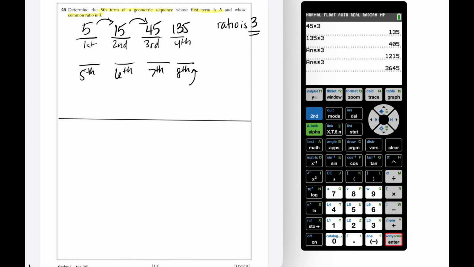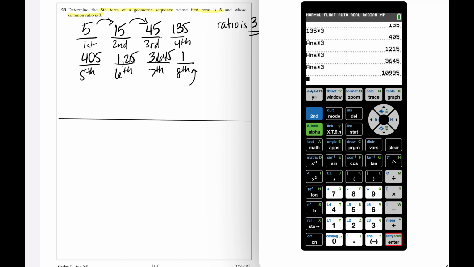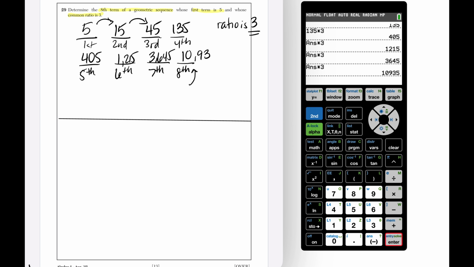135, 405, 1,215, 3,645, and lastly, we're going to multiply the last one times 3, and we get 10,935.